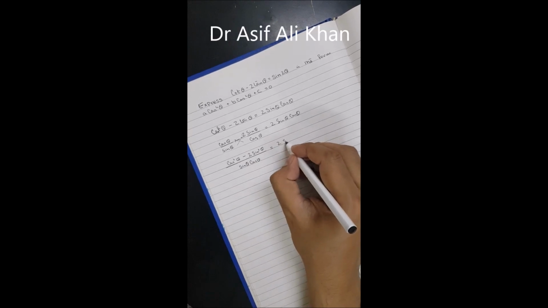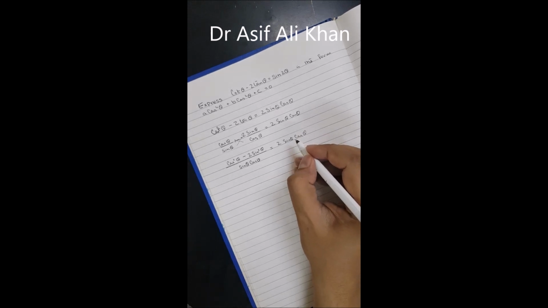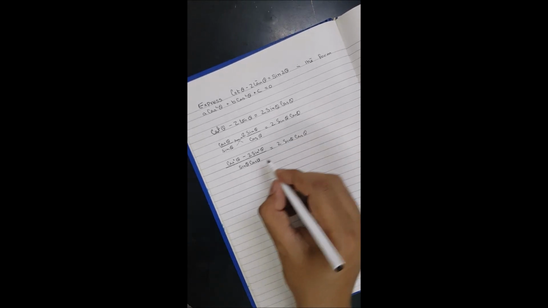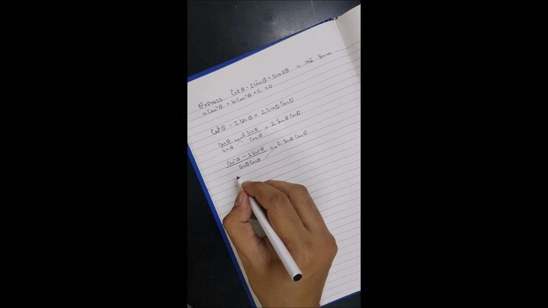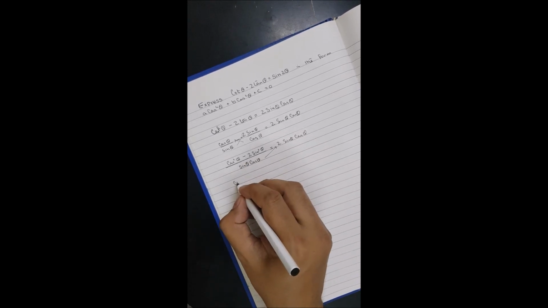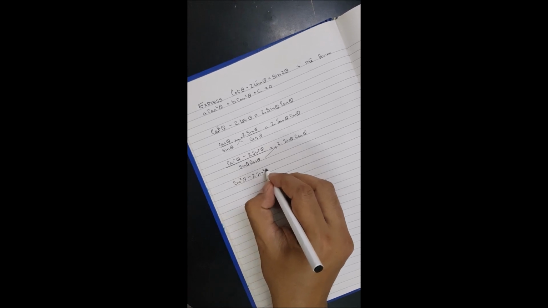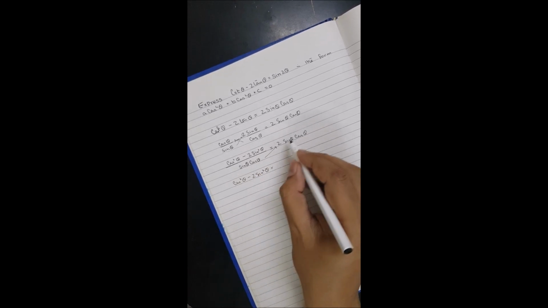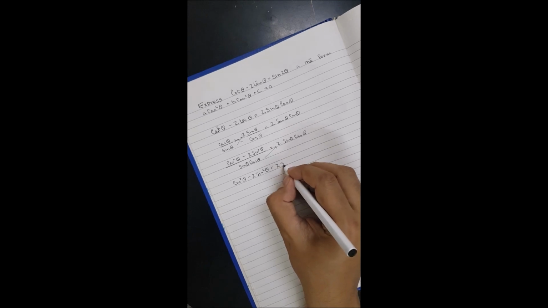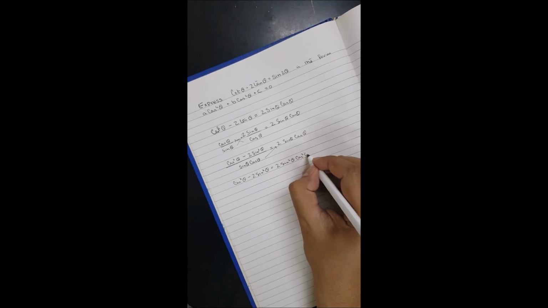On the other side, 2 sin theta cos theta. Now this denominator we will shift to the other side. It becomes cos square theta minus 2 sin square theta, and on the other side it becomes 2 sin square theta cos square theta.